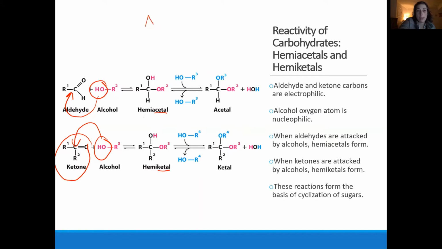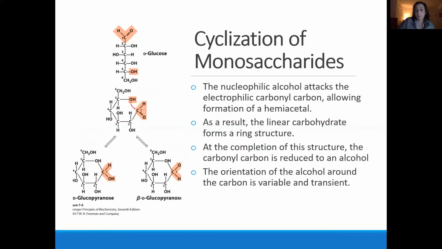So again, if we have an aldehyde and an alcohol, instead of the alcohol just adding on to the aldehyde, imagine that the aldehyde and the alcohol are attached, and then the alcohol adds on to the aldehyde. That would make a ring. Similar with the ketone, same principle. Imagine that the ketone and the alcohol are already attached. When this reaction occurs, they then cyclize and form a ring. Again, that's exactly what happens with sugars.